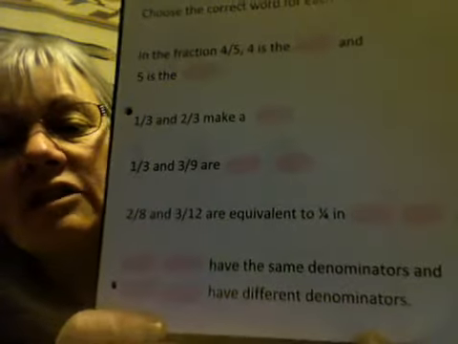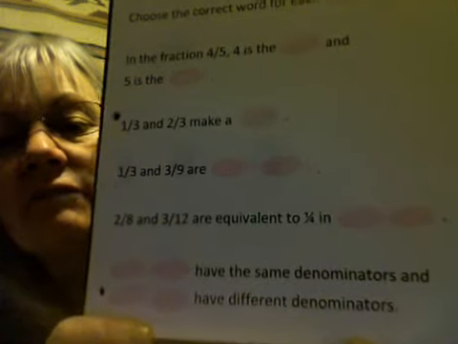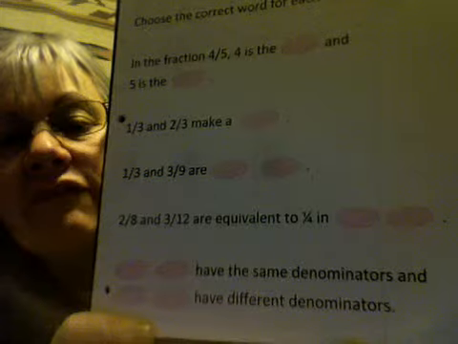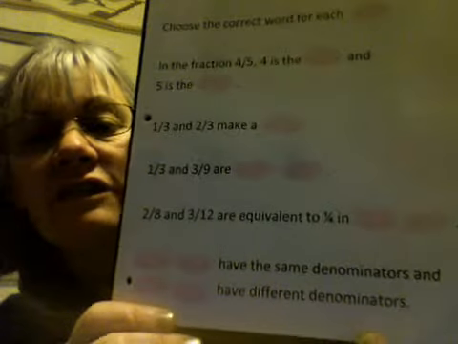Like fractions have the same denominators, and unlike fractions have different denominators. These are things we've talked about in school, and the summary actually exactly matches the chapter review that you took home last week.